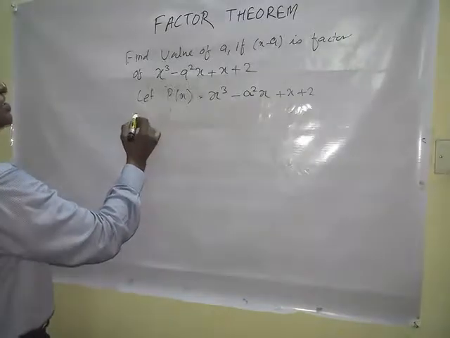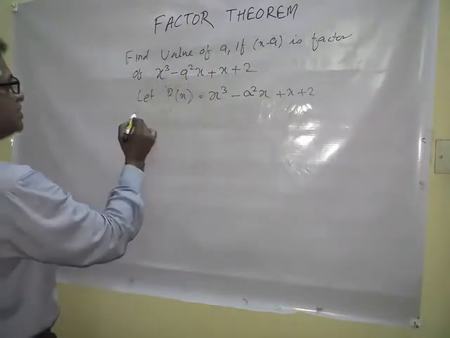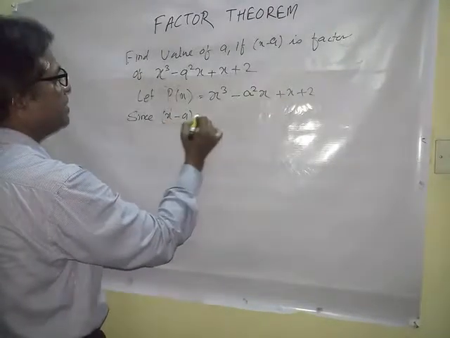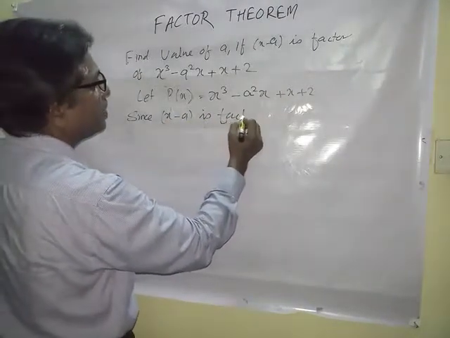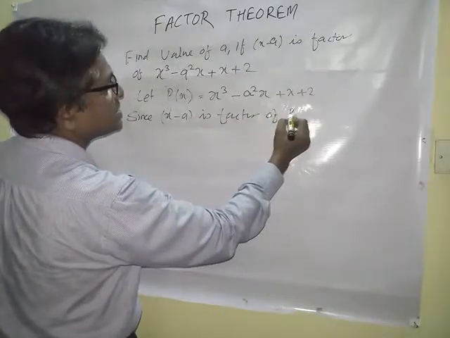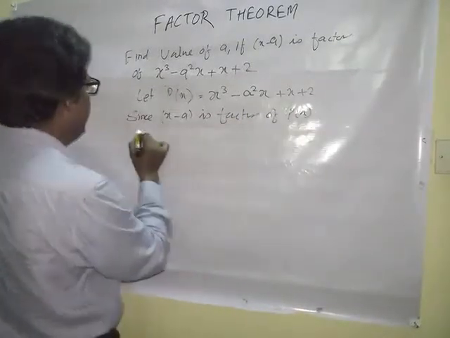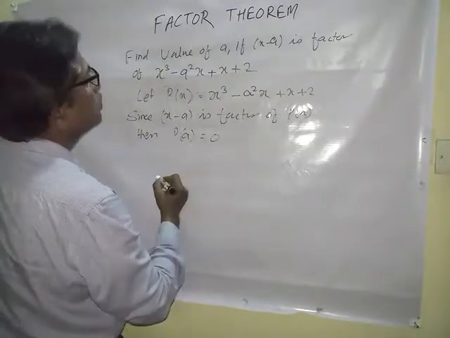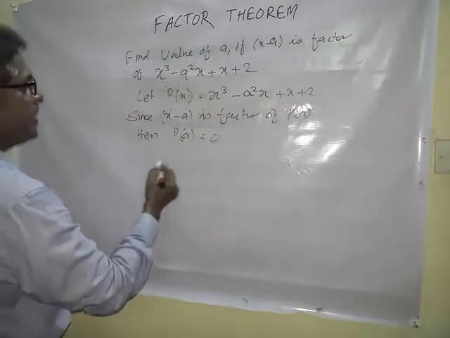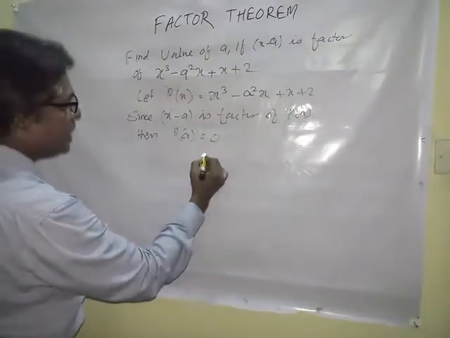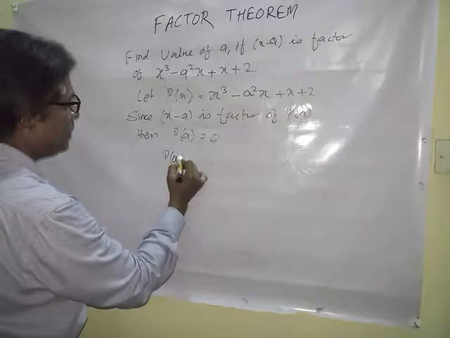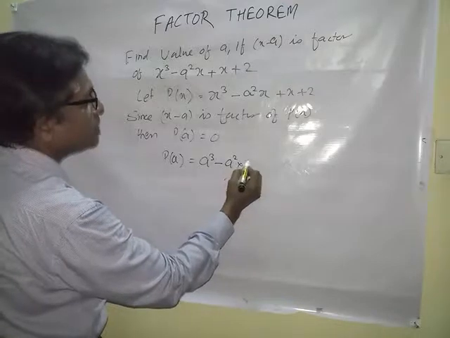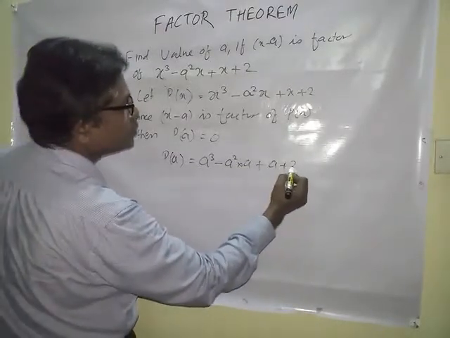Since x minus a is a factor of px, then pa is equal to 0. Now you put the value of a here, so pa is equal to a cube minus a square multiplied by a plus a plus 2.